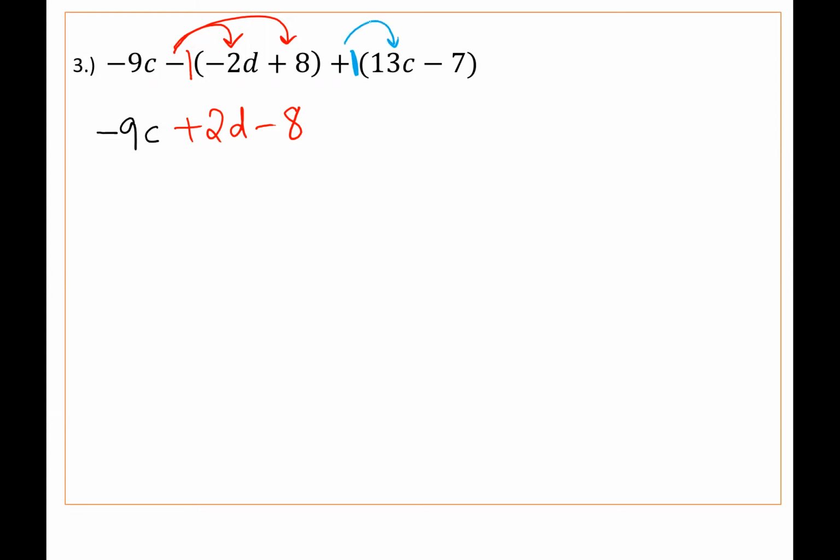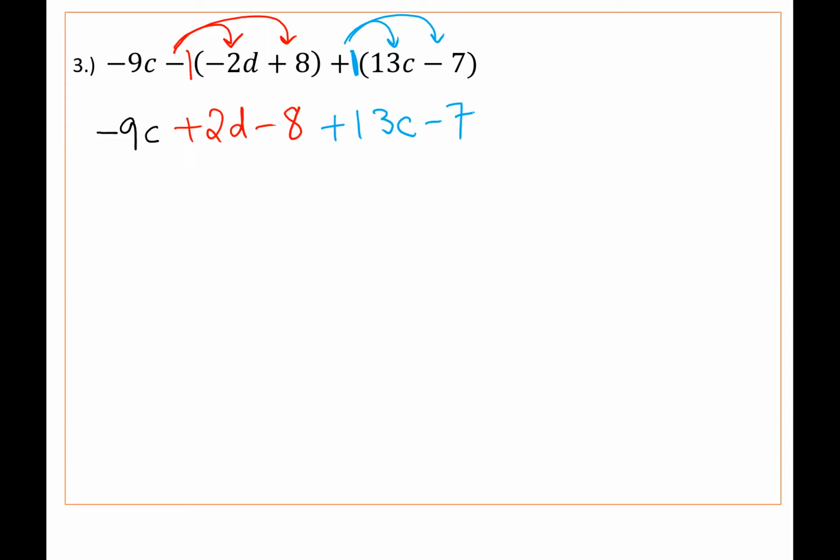So I'm drawing this arrow here, +1 times 13c and then +1 times -7. When you multiply something by +1, it stays exactly the same. So essentially, I'm just copying those terms down. Nothing is changing here. 1 times 13c is just 13c. 1 times -7 is still -7.